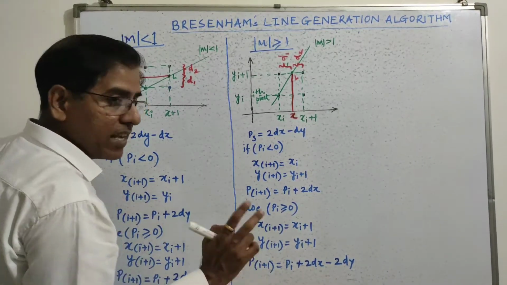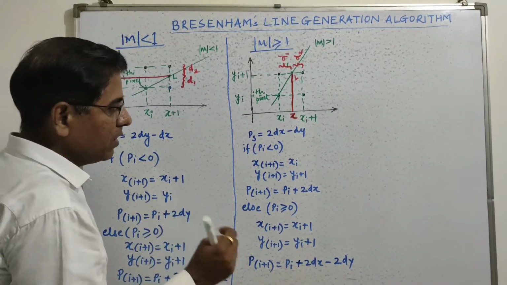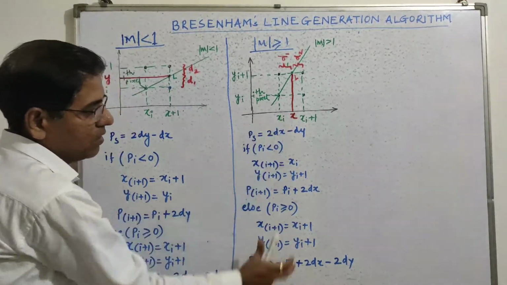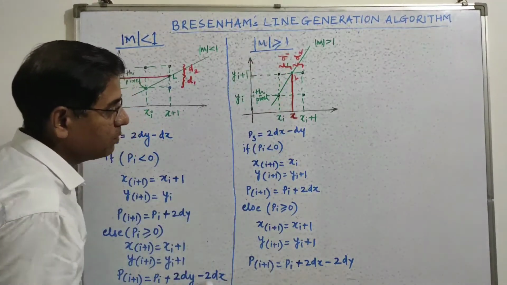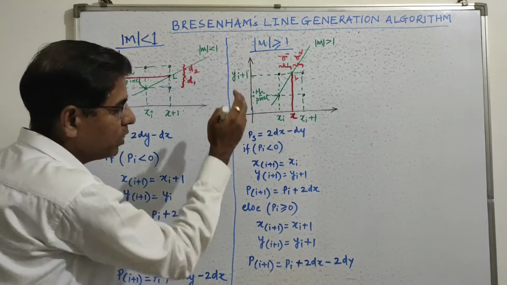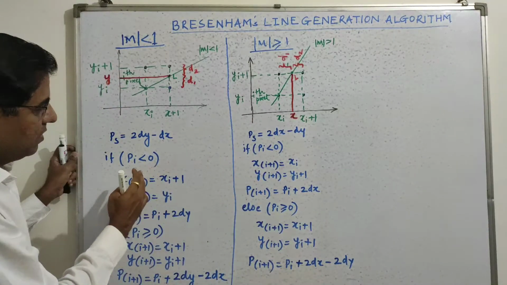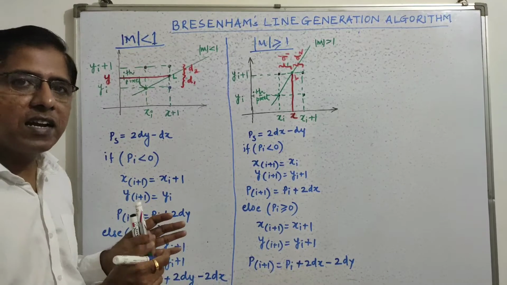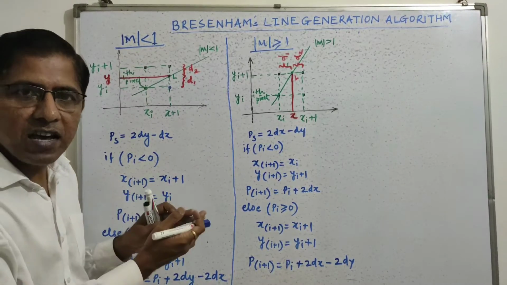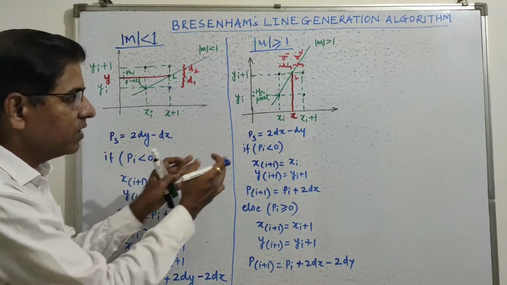The second thing: if you compare the Bresenham logic for m greater than or equal to 1, it is very similar to m less than 1. The only thing is that you replace dx by dy here.